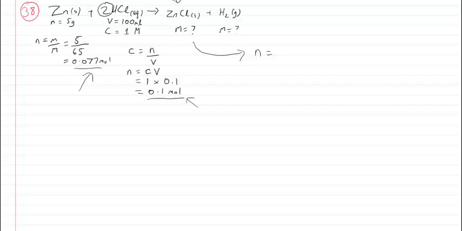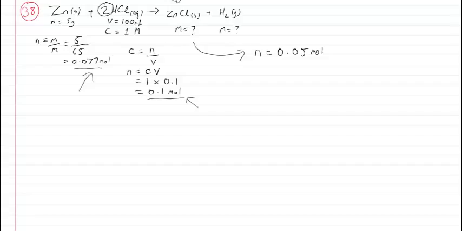So, again, we can only make half as much zinc chloride as we have hydrochloric acid. So the moles is going to be 0.05. Okay? Now, so that's the ratio. 2-to-1, we can only have half as much zinc chloride as we have hydrochloric acid.